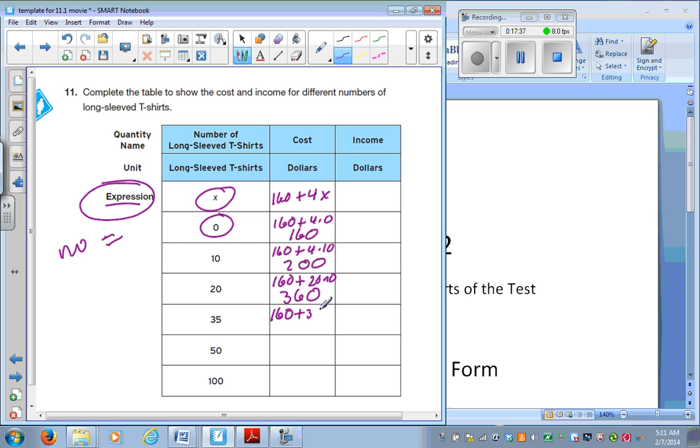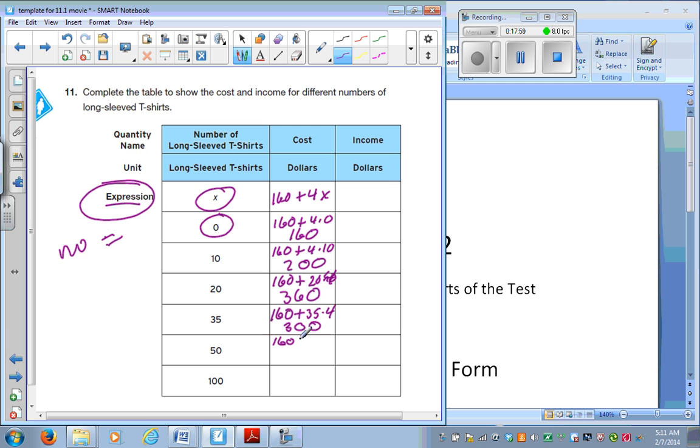160 plus 35 times 4. Oh, oops, sorry, guys. I meant to do 20 times 4 up here, not 20 times 10. I don't know why I did that. That would still get me 360. Here, if I did 160 plus 35 times 4, that would give me 160 plus 140 for a total of 300.